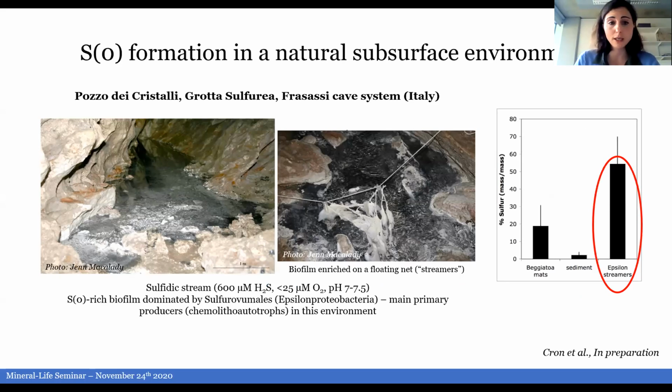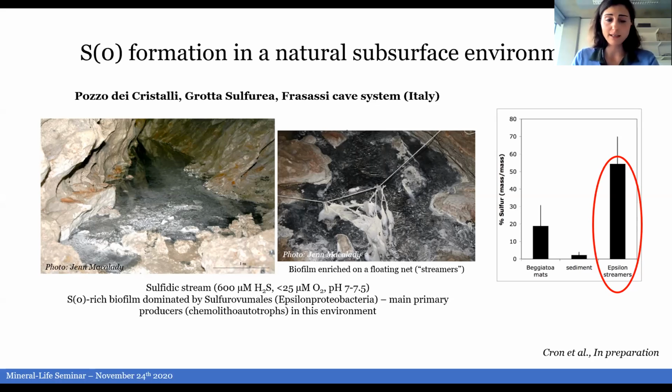We went to actually a subsurface environment, a cave in Italy called Frasassi, which is a sulfidic cave. So you have some streams in the cave that are quite rich in sulfide, about 600 micromolar. And in this stream, you have very abundant elemental sulfur formation. And the sulfur actually forms within biofilms.